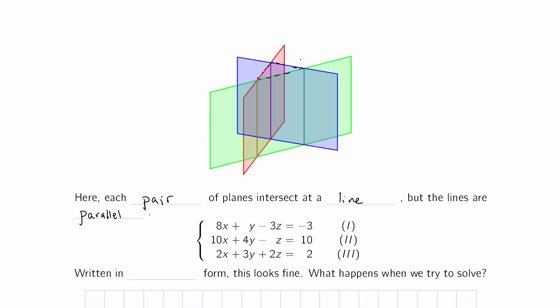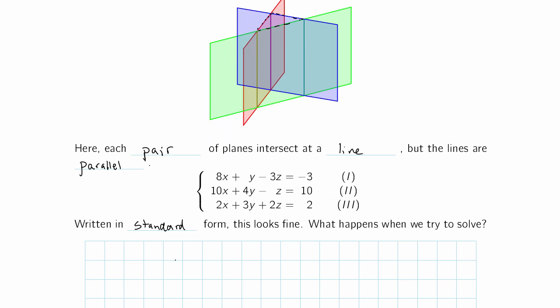And there's never a point where all three intersect. Now, this is trickier because when we write our equations in standard form, this looks fine, right? There's no obvious way to eliminate all of the variables by combining just two of them. But watch what happens when we try to solve this.